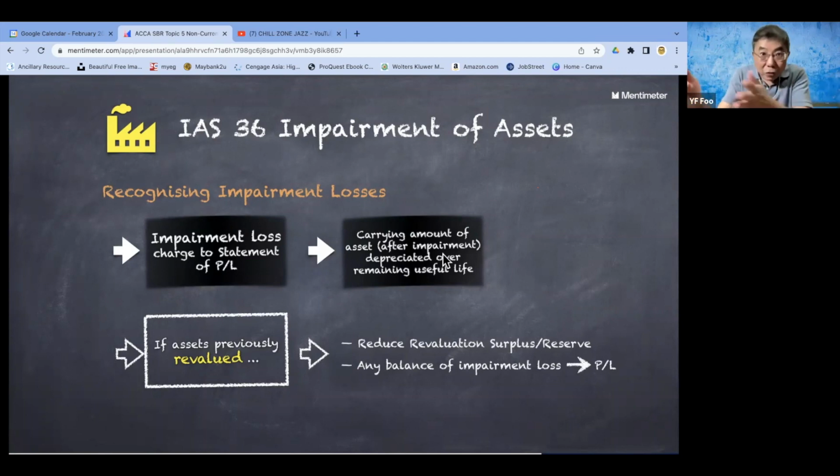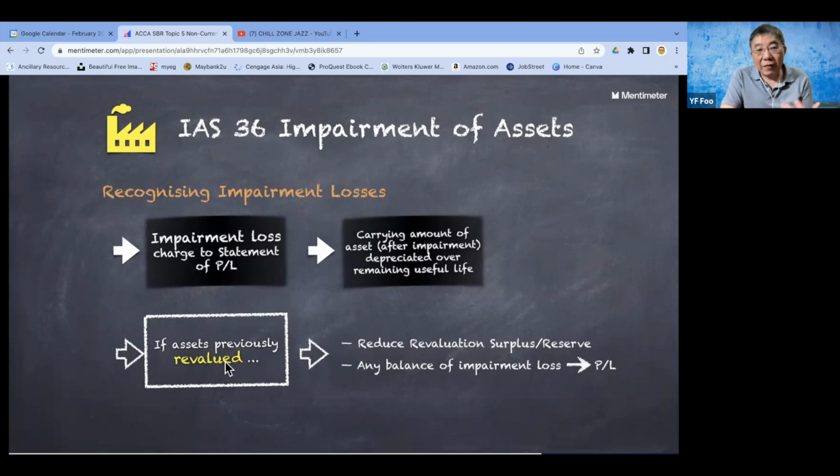And the useful life also may change, because if it's impaired, you may not be able to fetch that long a useful life. So the useful life may change, and therefore your depreciation changes. But all these will be treated as changes in accounting estimates. So this is not an accounting policy change. That's how you treat impairment losses.